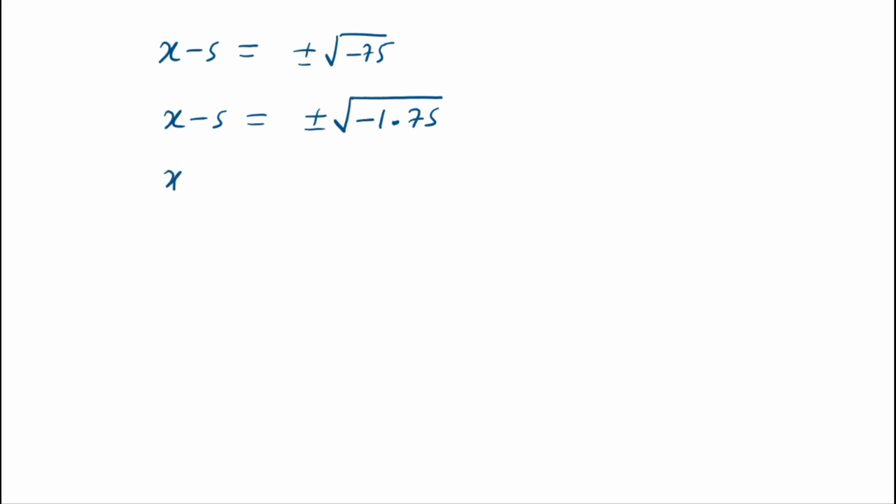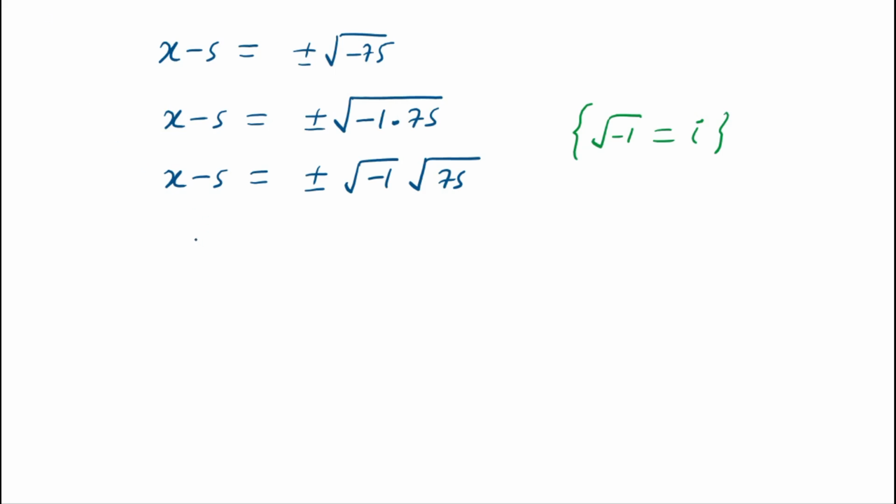Square root of minus 75 is the same as square root of minus 1 times 75, which is square root of minus 1 times square root of 75. And we know that the value of square root of minus 1 is iota.